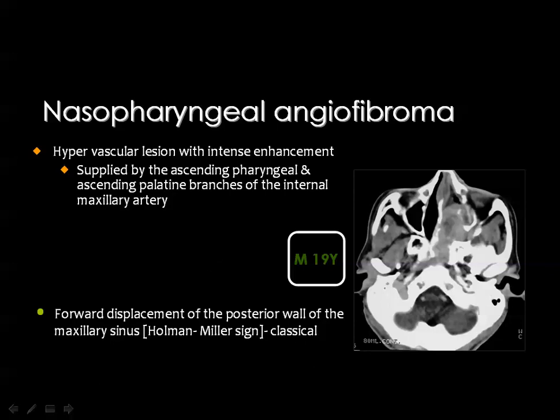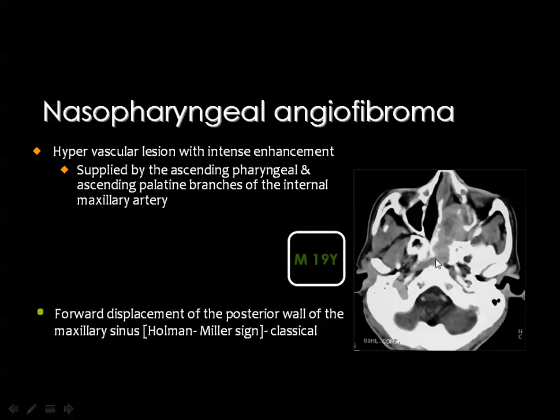As I have said, it's supplied mainly by the ascending pharyngeal and the ascending palatine branches of the internal maxillary artery. Then if you inject the contrast, the tumor will enhance significantly. If you have MRI, you will see multiple dilated tortuous signal void vessels going through the tumor.